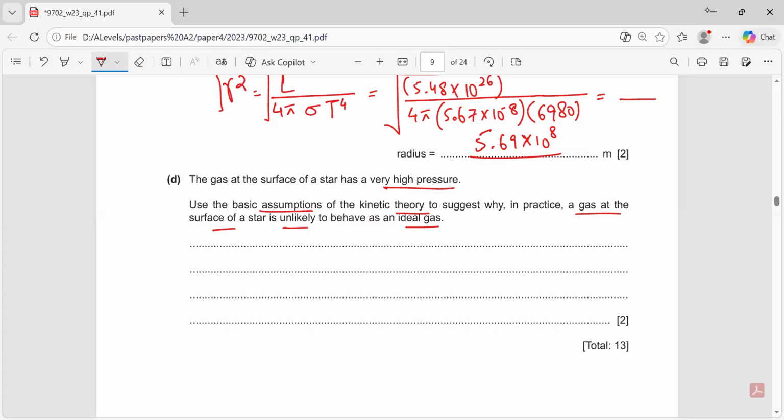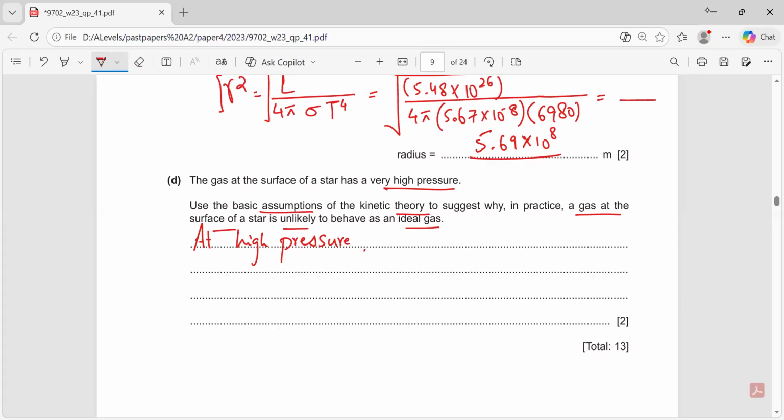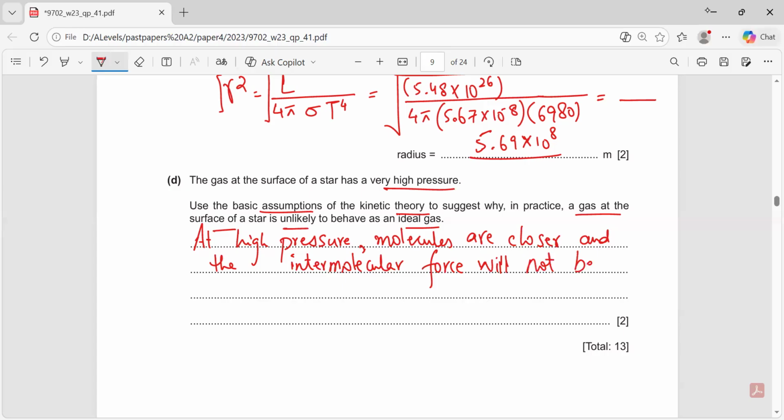So at high pressure, molecules are closer and the intermolecular force will not be negligible.